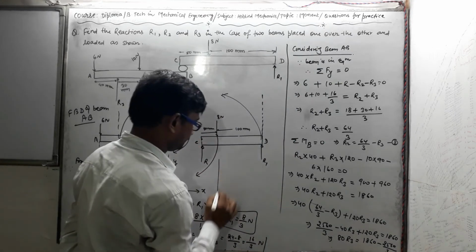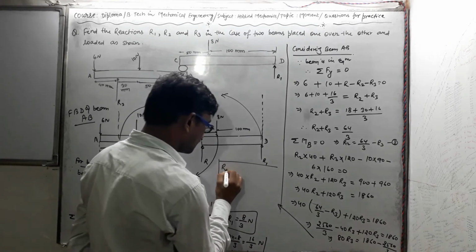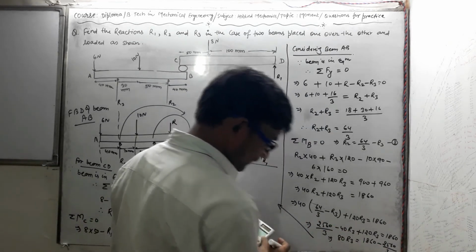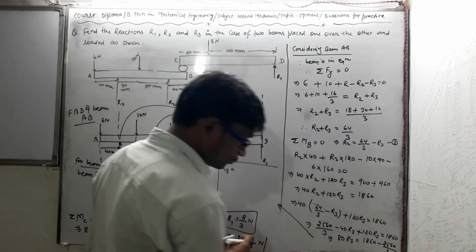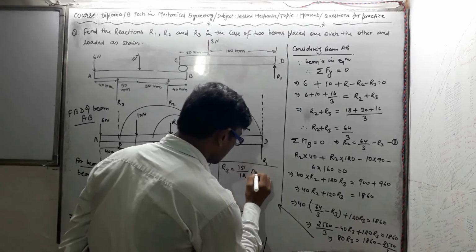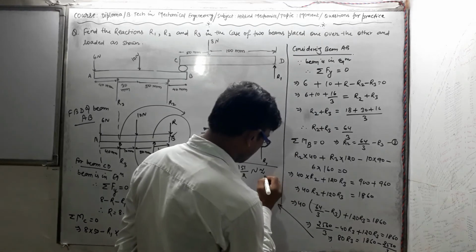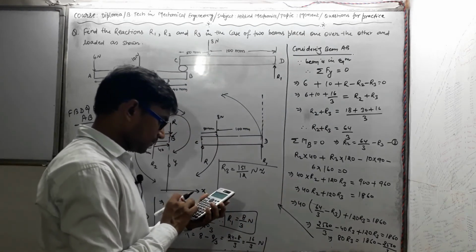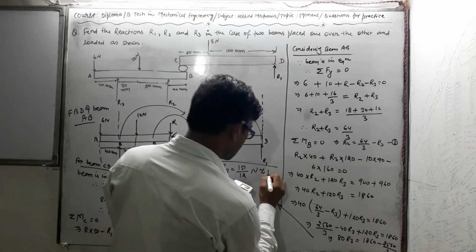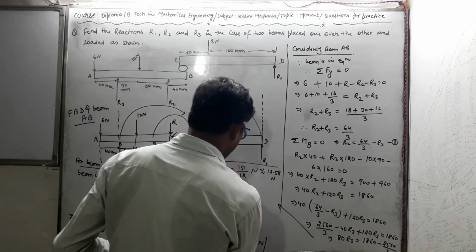Therefore, while solving this, R3 equals 151 divided by 12 Newton, which is approximately equal to 12.58 Newton.